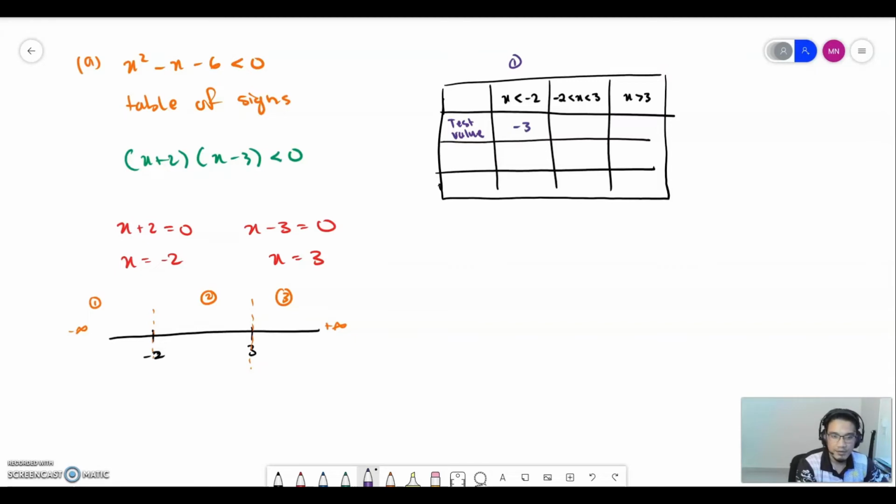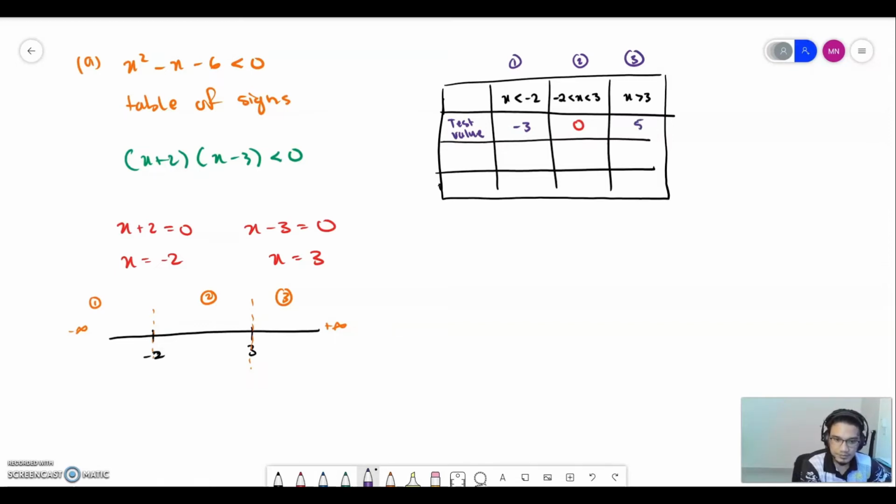For the second region, any value between -2 and 3. It's easier to just choose 0 because 0 is situated between -2 and 3. And for region number 3, any number that is bigger than 3, let's just choose 5.